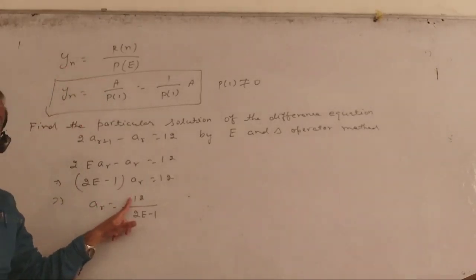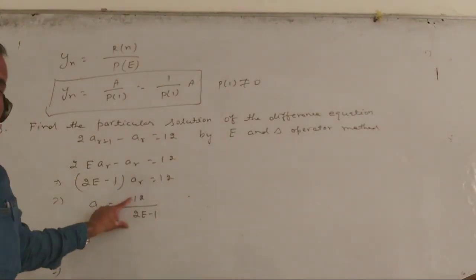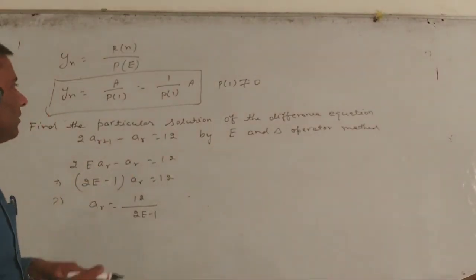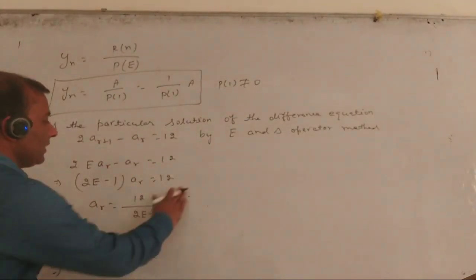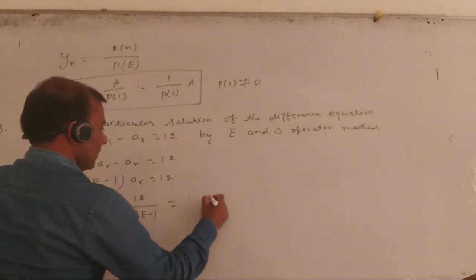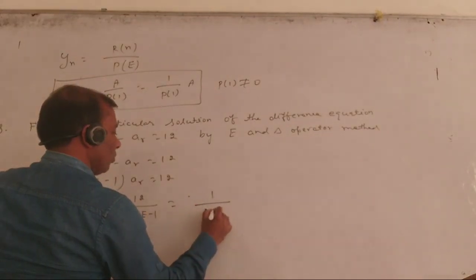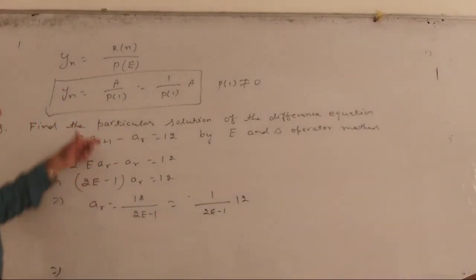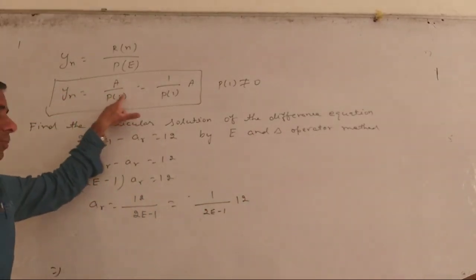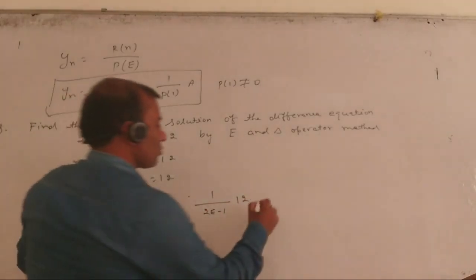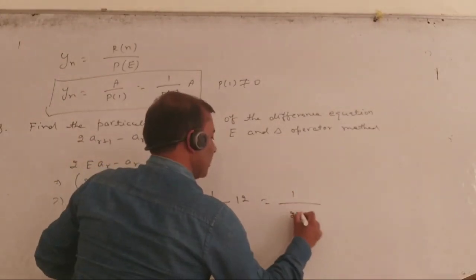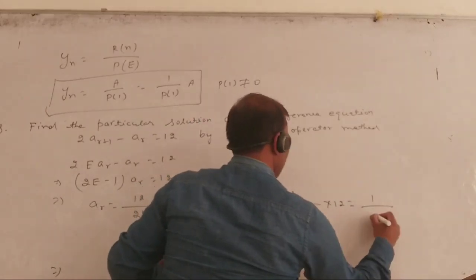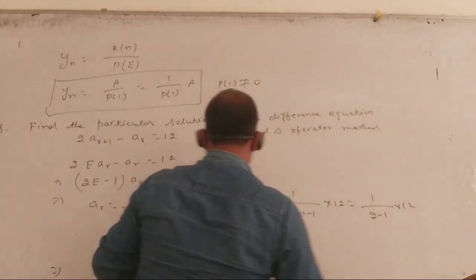Here the value of Rn is 12, so it takes a constant value. So we will apply the theorem associated with case 1. Then this gives 1 by 2 of E minus 1 into 12, and we have seen that in such cases we put E equals 1, so it becomes 1 upon 2 into 1 minus 1, into 12.